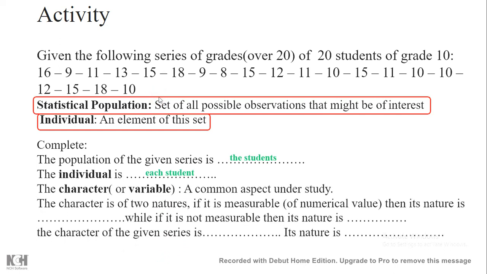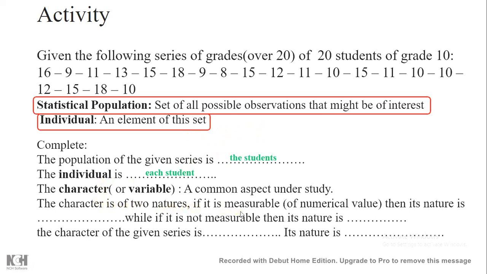The character or variable is the common aspect under study, which is in this case the grades. Sometimes we may study the weights of the students, their heights, their ages, the color of their eyes, etc. The character is of two natures.